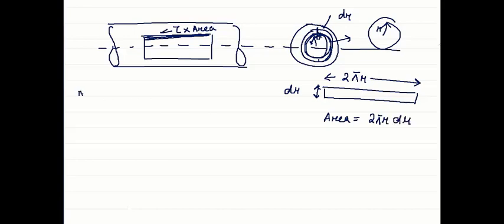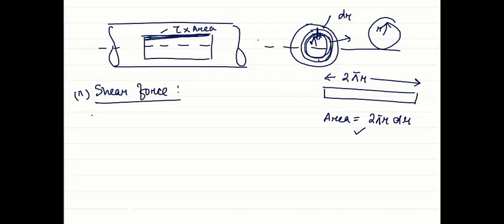So what will be the shear force? Now see, tau is the shear stress, which will have a unit of Newton per meter square. Now we have to convert it to shear force. Then we have to multiply it with the area, that is tau into what will be the area?